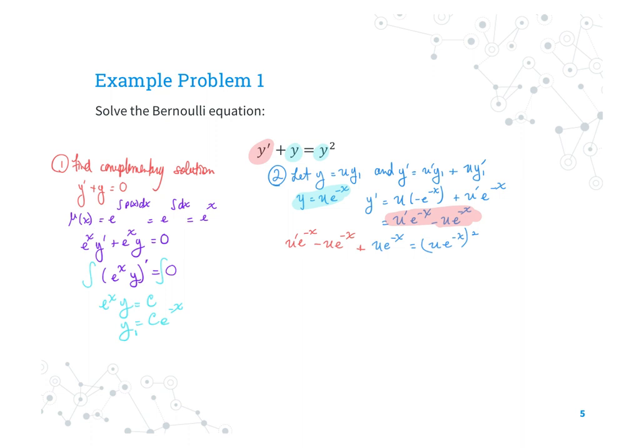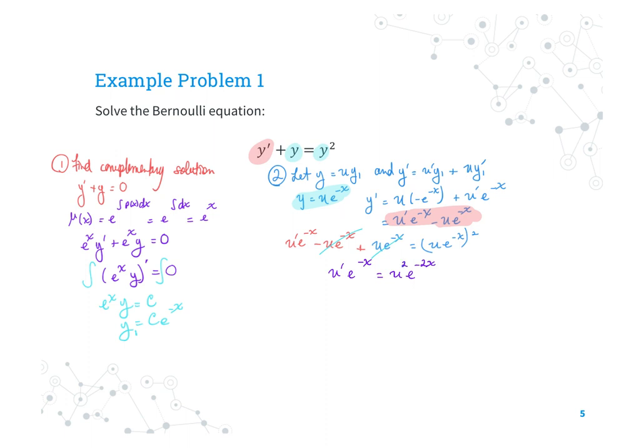What happens is the negative u e to the negative x and the positive u e to the negative x are going to cancel out. So we're left with u prime e to the negative x equals u e to the negative 2x. Properties of exponents, since it's squared, you can bring it in. Oops, and that makes it u squared.